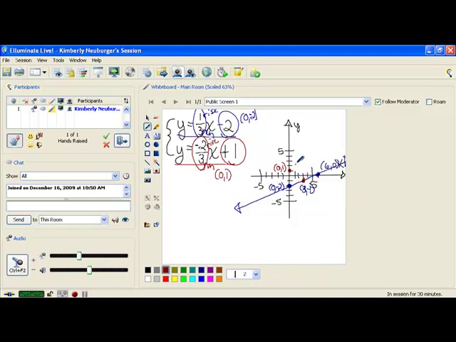And that is the point 3, -1. I can find another point by going down 1, 2 more and forward 1, 2, 3 more, and I land right here at the point 6, -3.